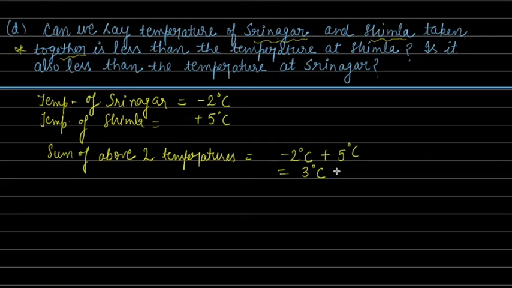Now the first question was, is the sum less than the temperature at Shimla? So the sum is coming out how much? 3 degrees. But the temperature at Shimla is how much? 5 degrees Celsius. So the sum is lesser than the temperature at Shimla, right?